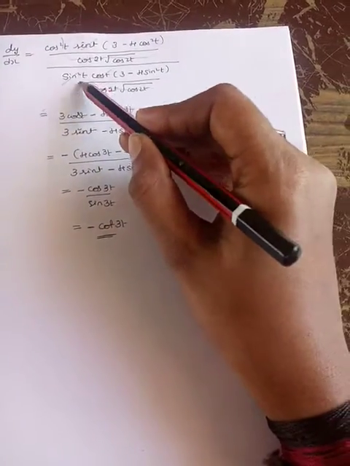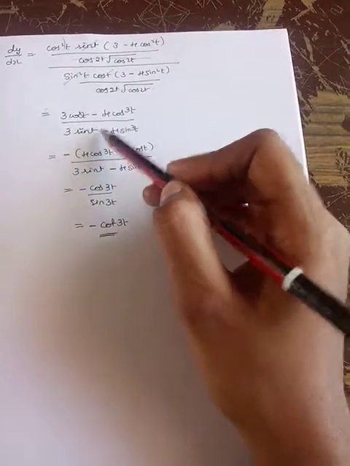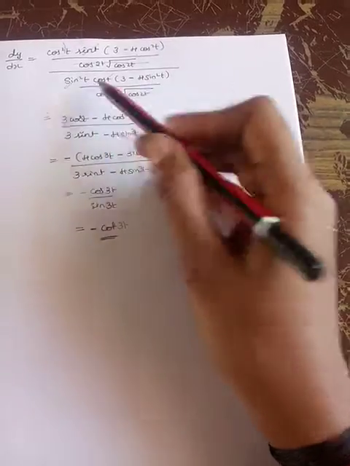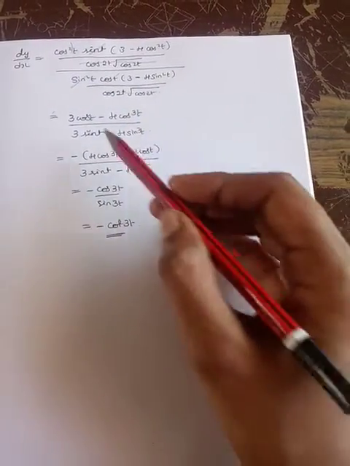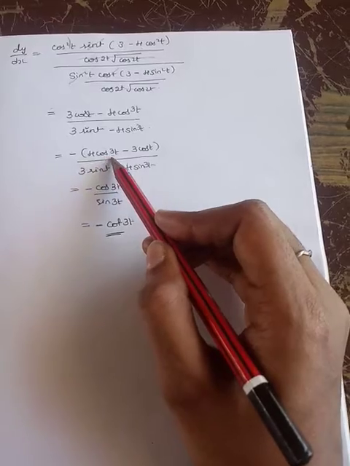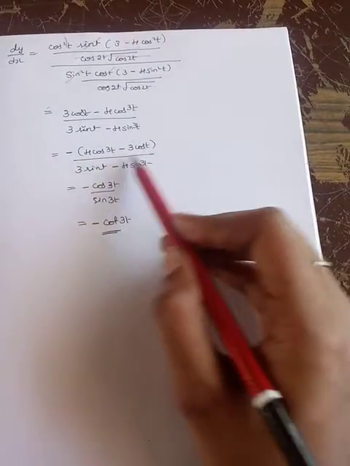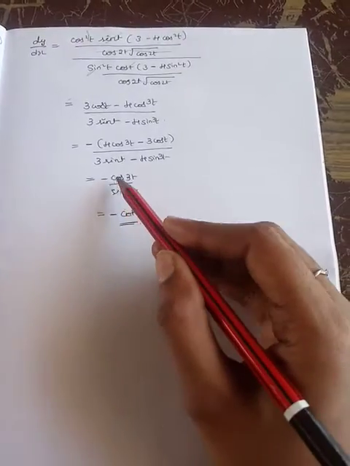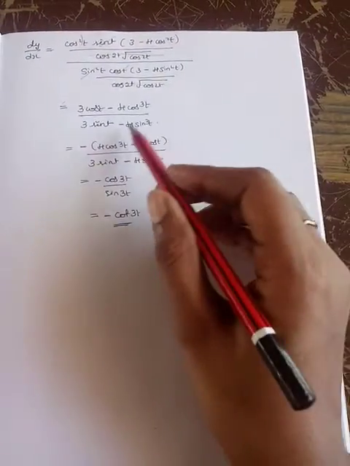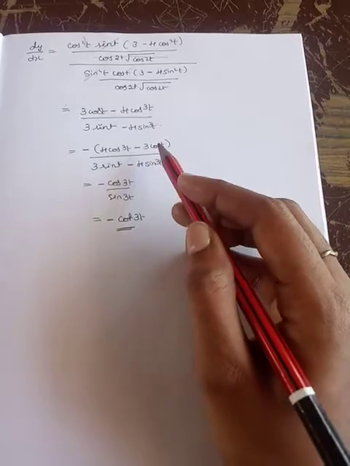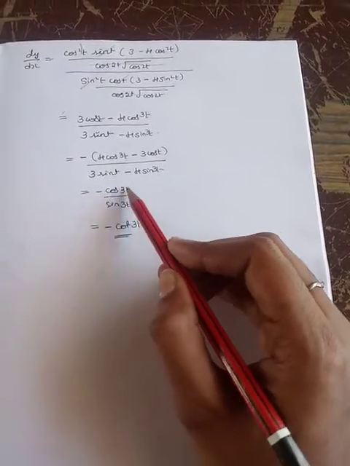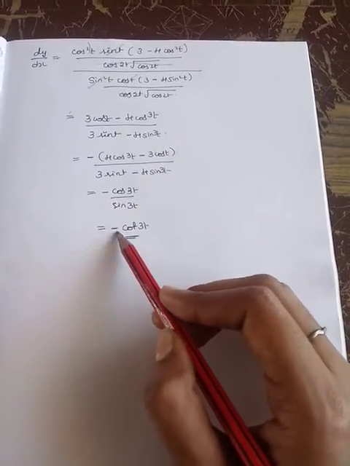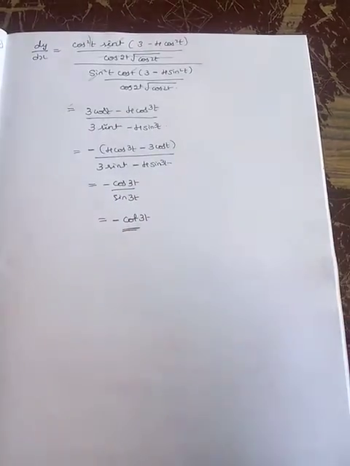Here sin t into 3 is 3 sin t minus 4 sin²t into sin t is 4 sin³t. Take the minus sign outside: 4 cos³t minus 3 cos t divided by 3 sin t minus 4 sin³t, that is equal to minus cos 3t. This is the formula of cos 3t. This is the formula of sin 3t. Minus cos 3t divided by sin 3t, that is minus cos by sin, which is cot 3t.